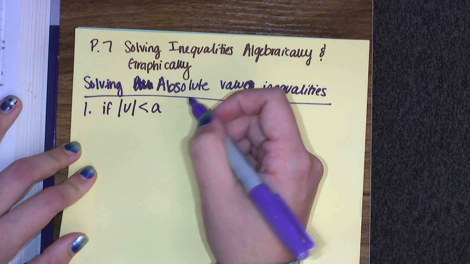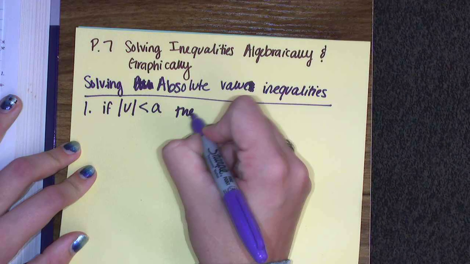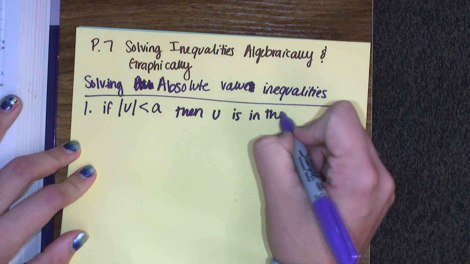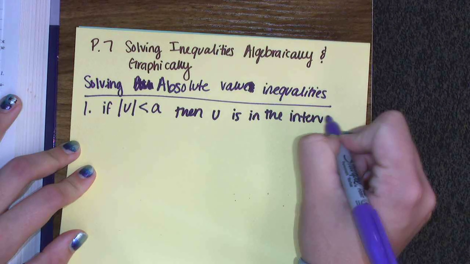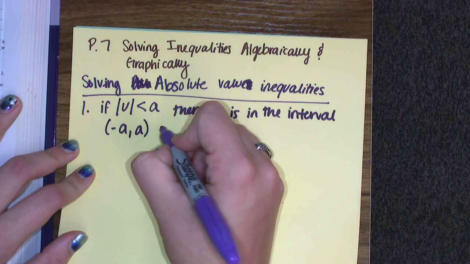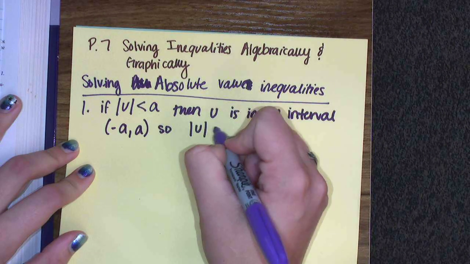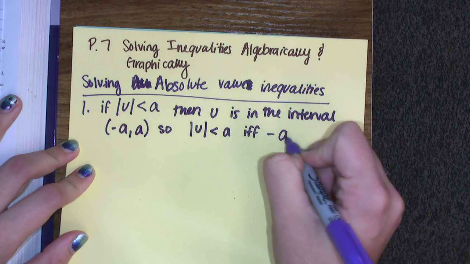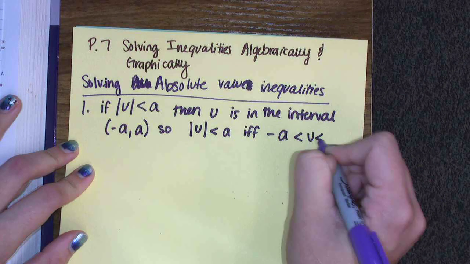If the absolute value of u is less than a, then u is in the interval negative a to a. So the absolute value of u is less than a if and only if negative a is less than u is less than a.